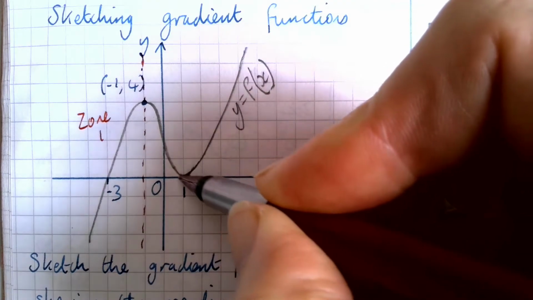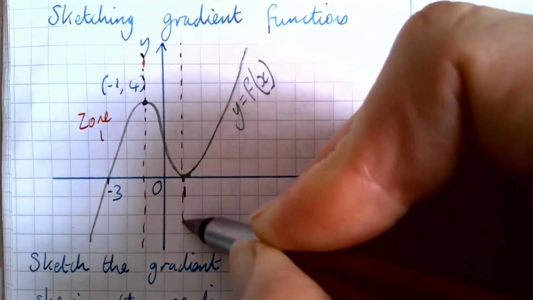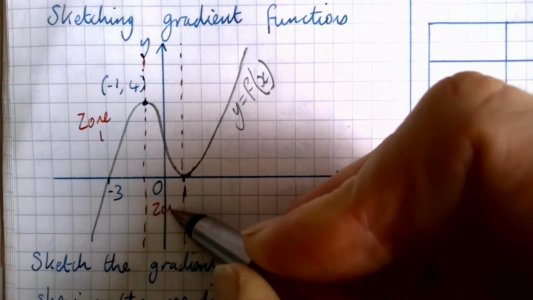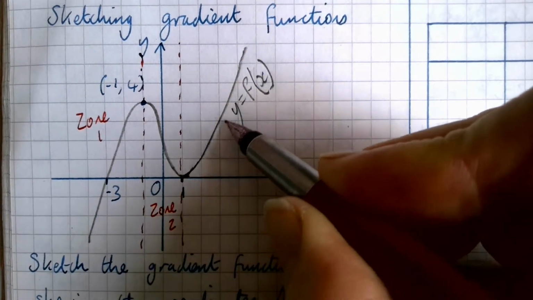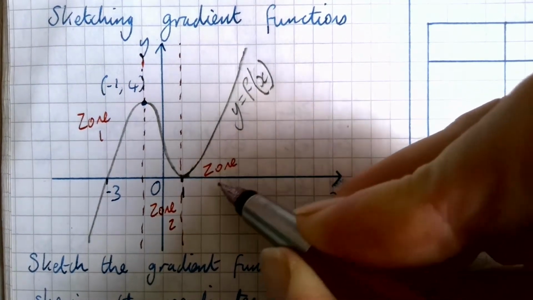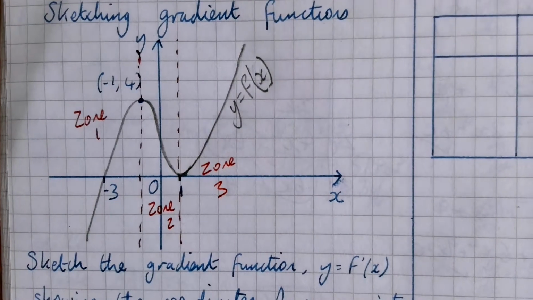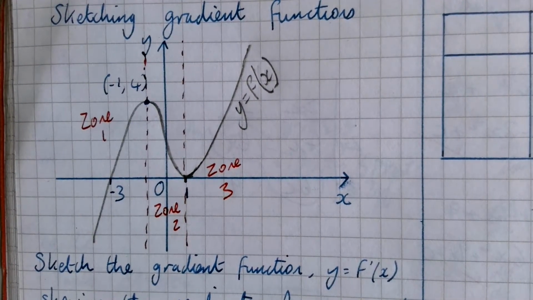It's a negative gradient all the way down there, isn't it? And that I'm going to call zone 2. And then after that, it just gradually gets more and more positive, doesn't it? So I'm going to call that zone 3.